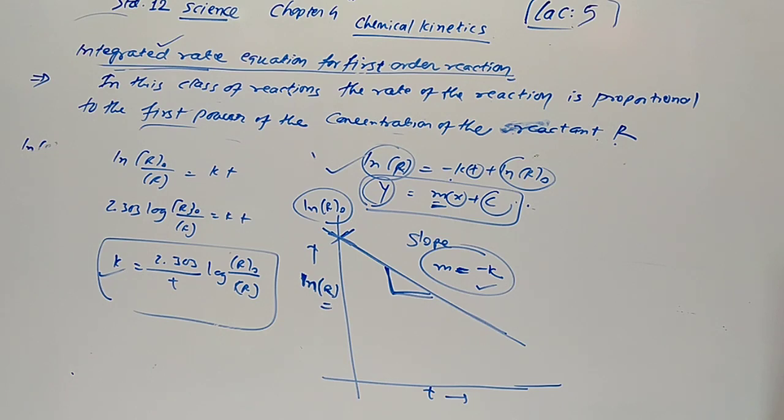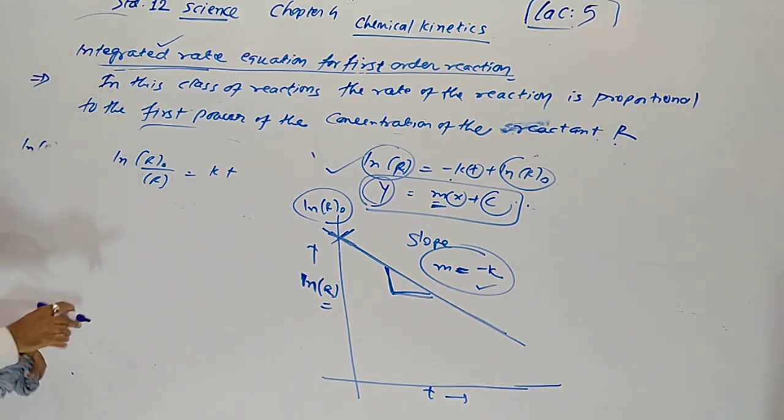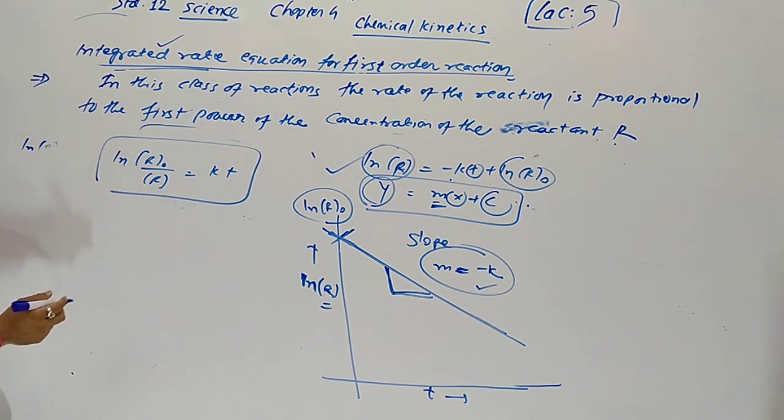If we have to take ln R0 by R, and when we convert this equation, yes, we are taking another plot, ln R0 by R equal to KT.